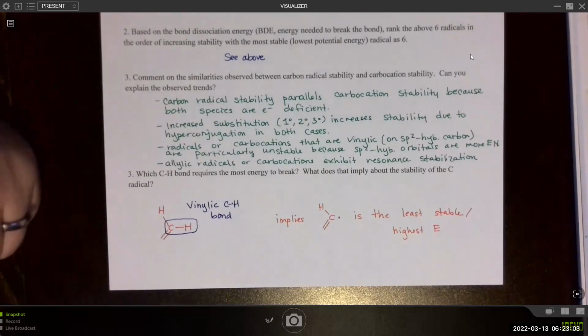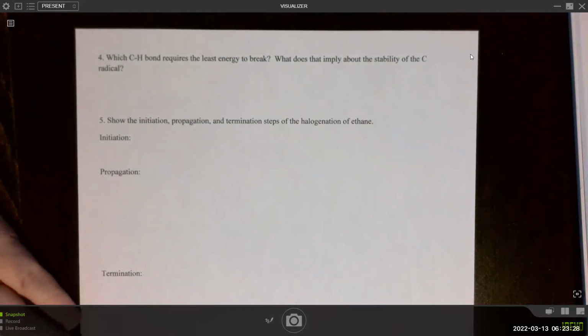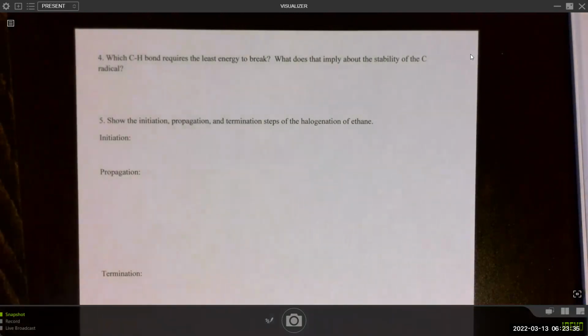So remember that a bond breaking is an endothermic process. So it's going to have activation energy. And if it's going to require the most activation energy, it's going to form the least stable radical intermediate. And then which carbon-hydrogen bond required the least energy to break from our previous data set?